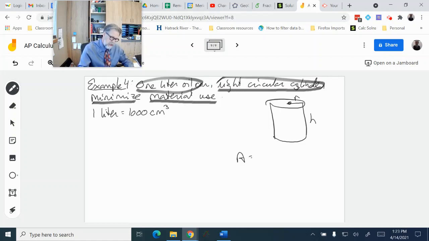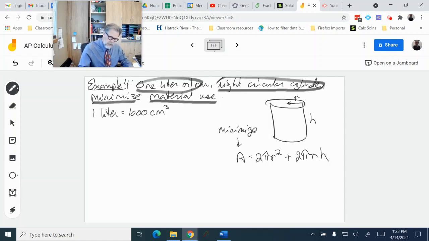And surface area of a right circular cylinder can be found by adding the top and bottom, pi r squared twice, to the can walls, the cylinder walls. Well, the cylinder walls can be found by taking the circumference of the cylinder and multiplying it by the height. So that's what I want to minimize.